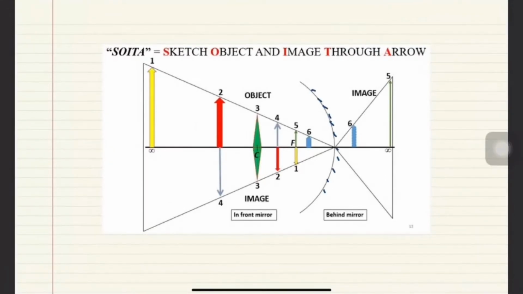If your object is at the yellow one here, your image is here. If your object is here, at the red one, your image is here. So you can see when it is at infinity, the image is at the focal point. As you get closer, the image moves there. Then at one point, when it is here, you will have it over here.